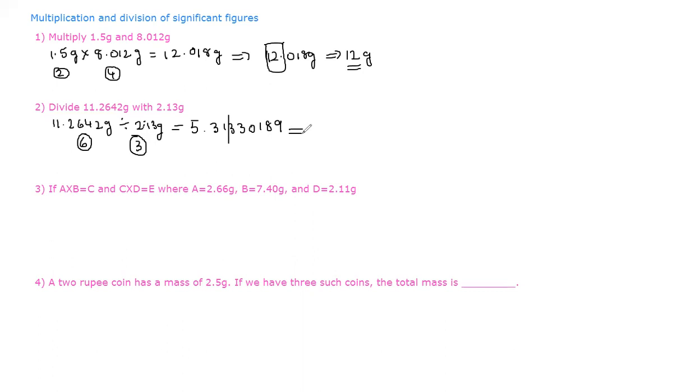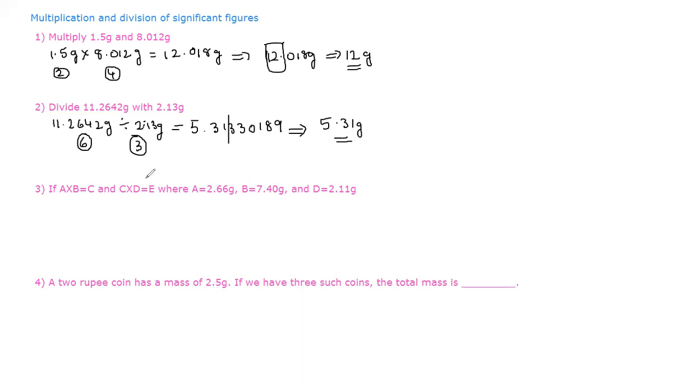Before dropping off, you check that here it is 3, which is less than 5. So you need not add 1 to the preceding digit. So you can simply drop off all these digits. So your final answer will be 5.31 grams.